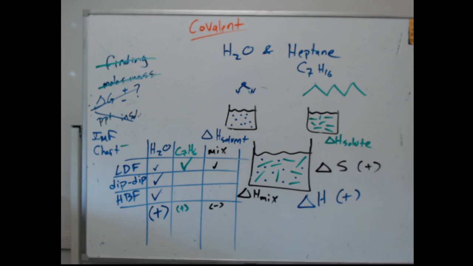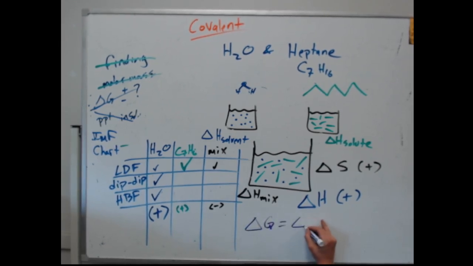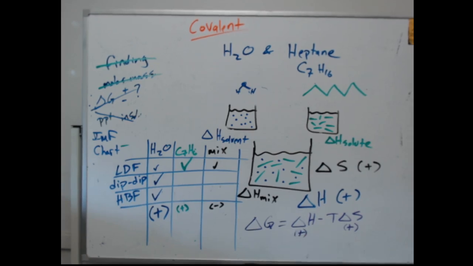Now, when we look at this, I'm going to use purple again. Don't judge me. When we look at this, we say, you know what? I actually can't say much about delta G, because delta G is delta H minus T delta S. If delta S is positive and delta H is positive, it should be temperature dependent.